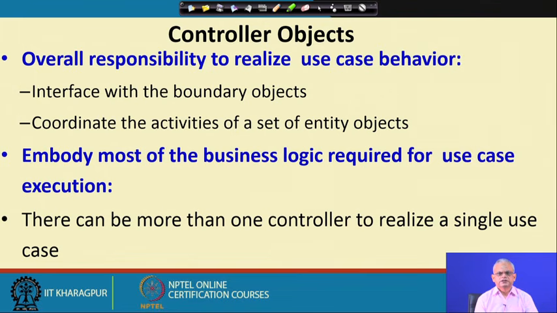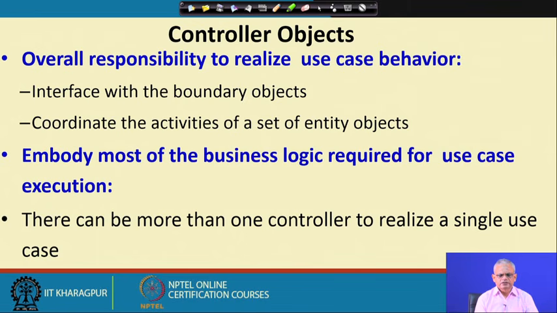The controller object interfaces with the boundary object, gets the request from the user, and once the request comes, the controller object stores a logic inside it, knows how to realize the required behavior, that is which objects need to participate in this use case execution. It sends them specific messages, collects the information and sends to other set of objects, and so on.